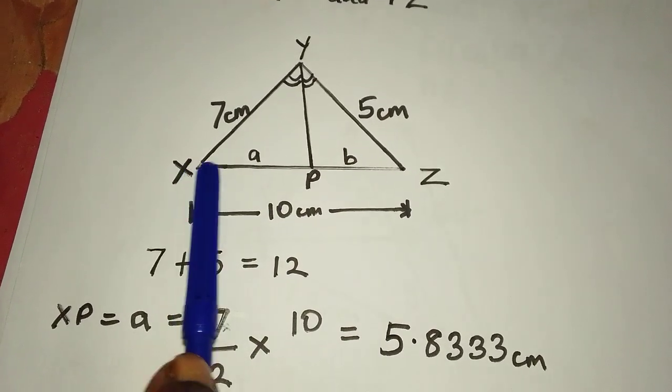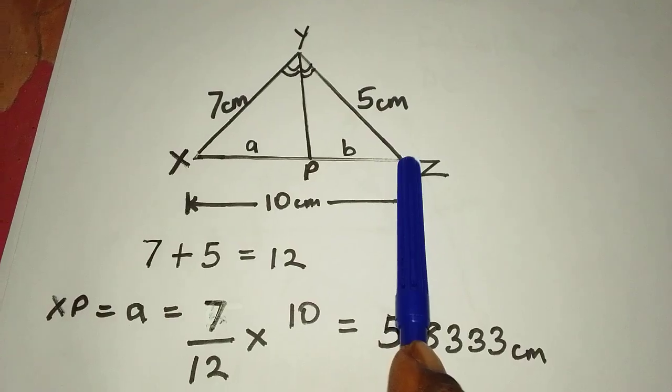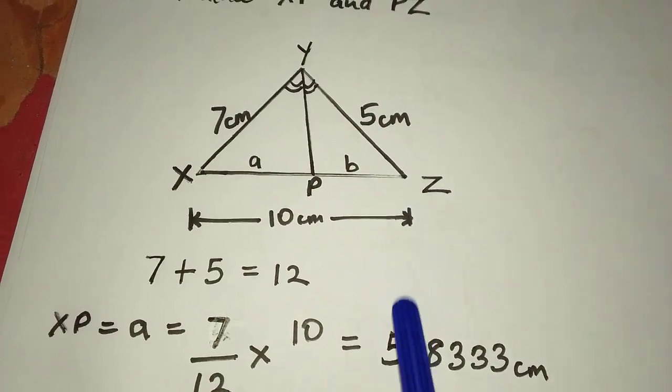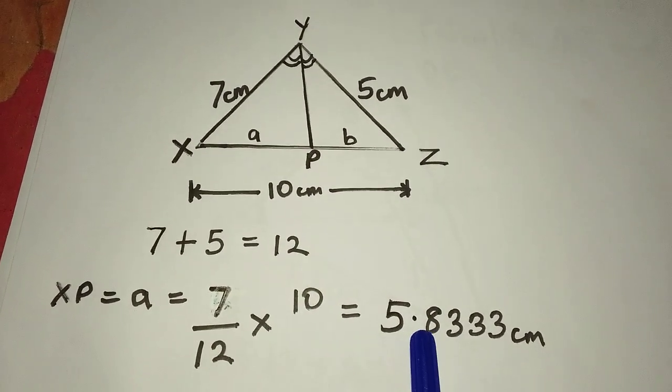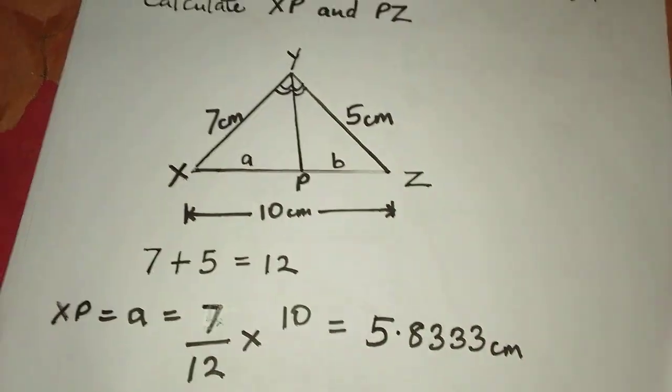Now, if you want to get this B, you can easily subtract. Since the whole length from here to here is 10 centimeter, you subtract 5.833 from 10.